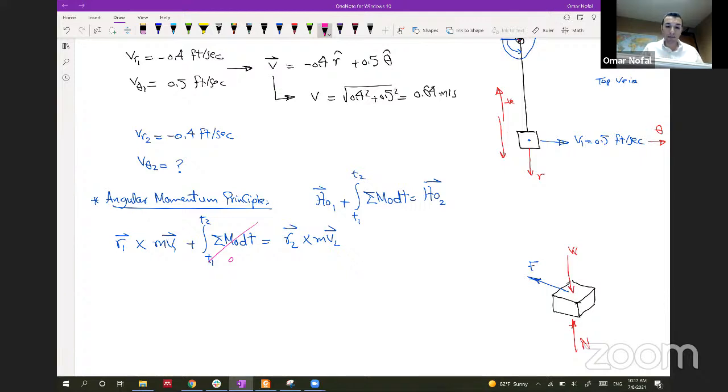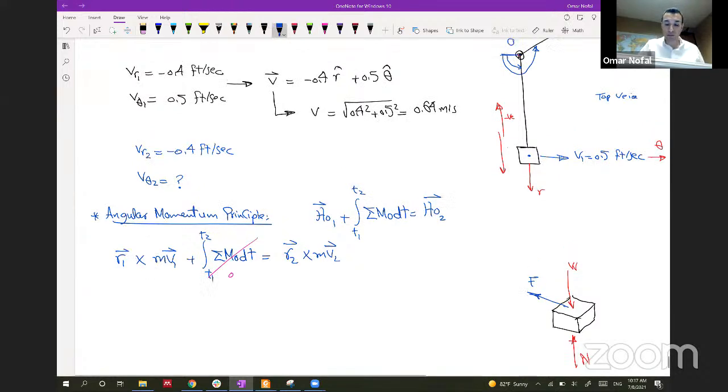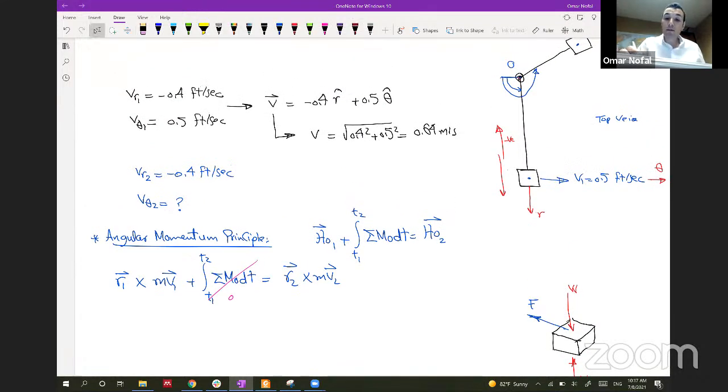So we will be left with the angular momentum terms. Let's solve them. For the angular momentum terms, the R1 of the arm was equal to 2 feet. So we will have 2 feet, and the direction is the R hat direction, and it's a positive quantity.